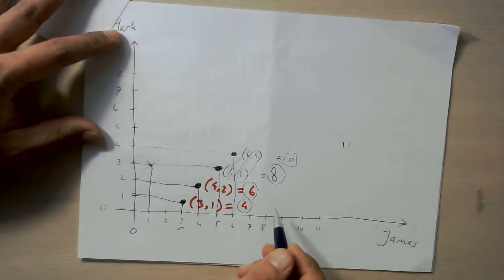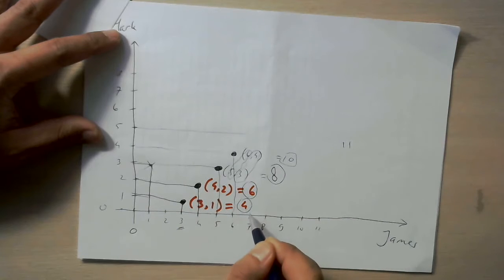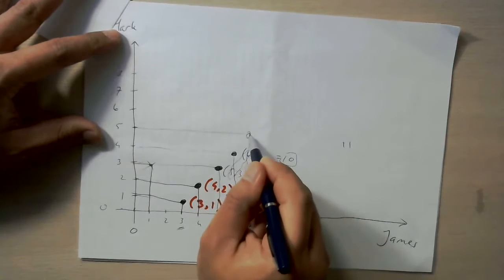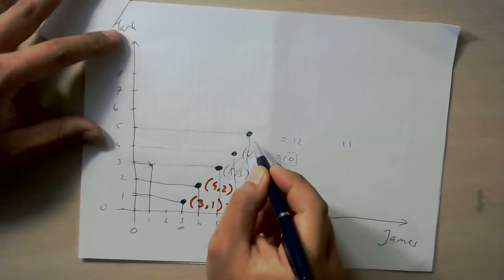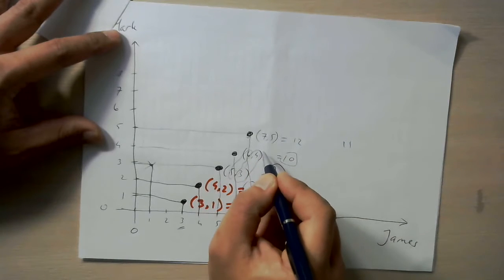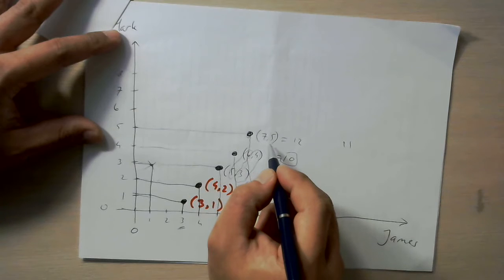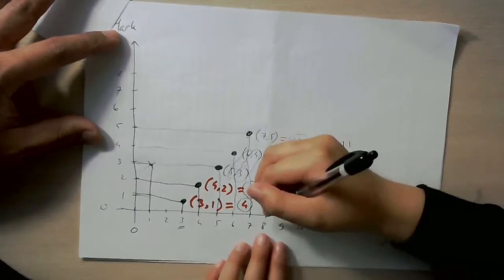Yeah? Basically, if you look at the numbers now, you will continue with the next one, which is 12. So that 12 is made from 7 and 5. Yeah, the age of James is 7, and the age of Mark is 5. Now, can you continue so that at the end we will get 18?